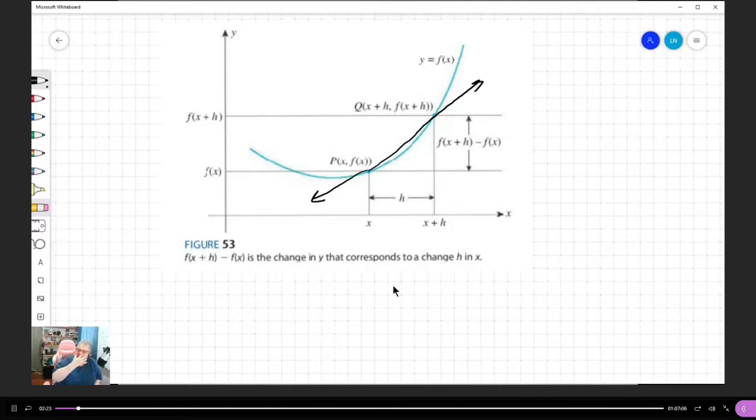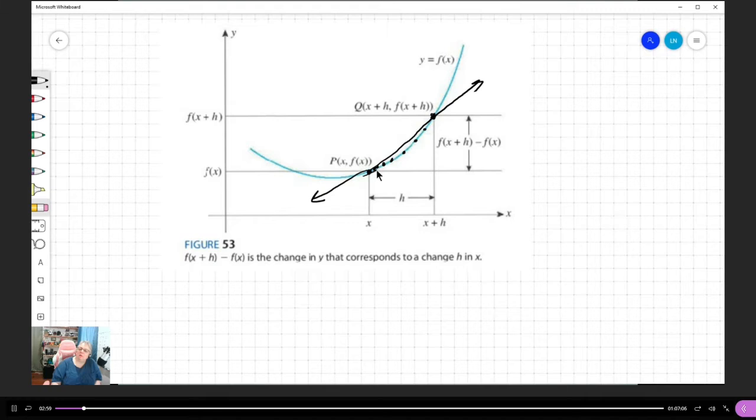And because that line crosses the function in 2 places, we call that a secant line. So the whole idea here with this process, and again, if you took pre-calc with me, we spent a lot of time talking about this, the whole point here is I want to take this point that's up here, and I want to start moving it down the curve so that eventually it approaches this point right here.